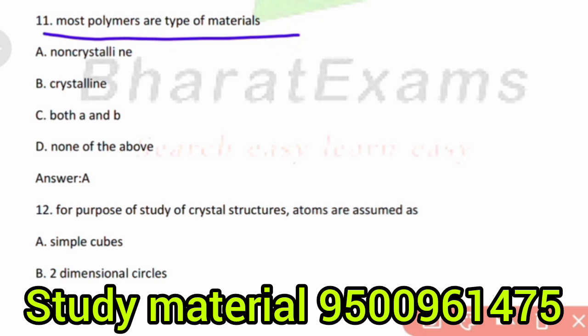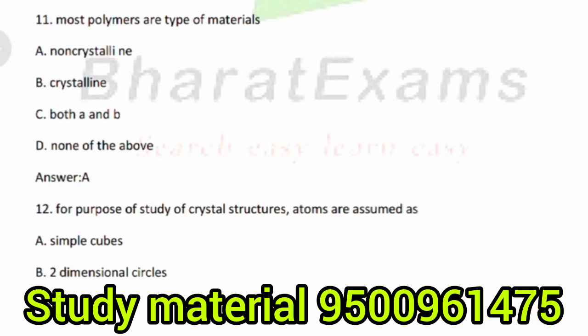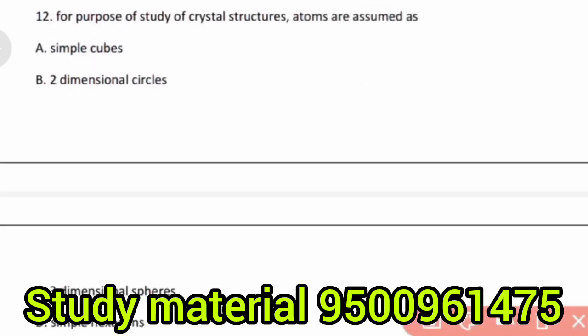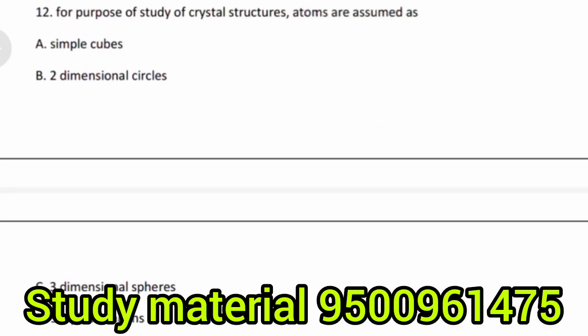Most polymers are non-crystalline types of materials. For the purpose of the study of crystal structures, atoms are assumed as, option C, three-dimensional spheres.